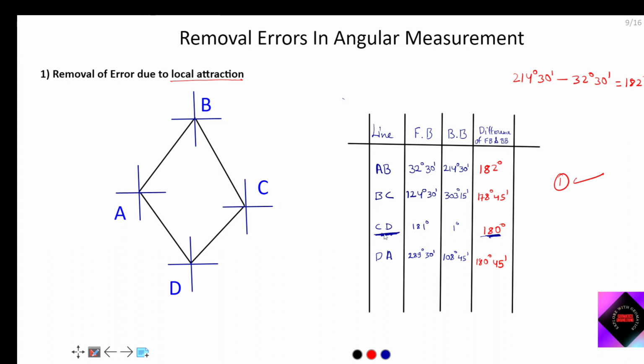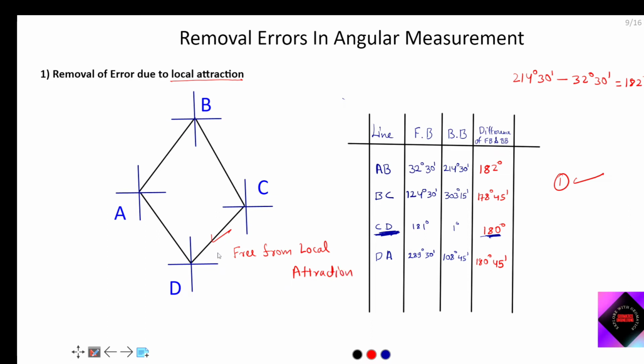And we will consider that CD line is free from local attraction, just understand that, there is no local attraction in measuring CD line.